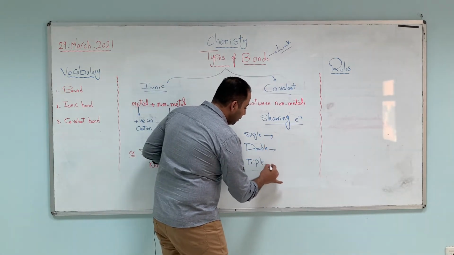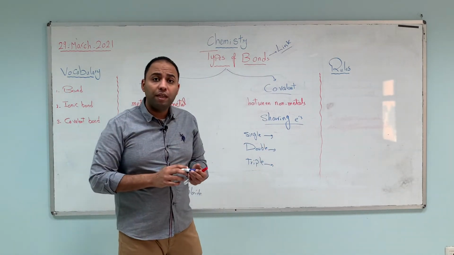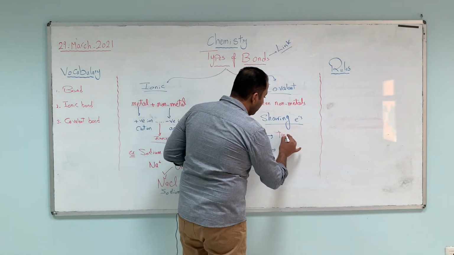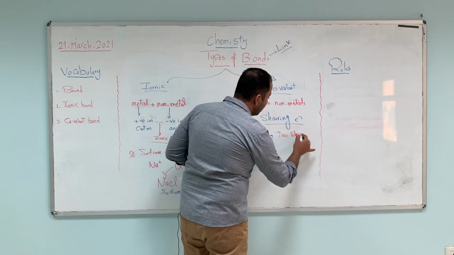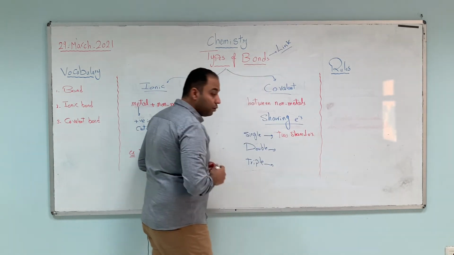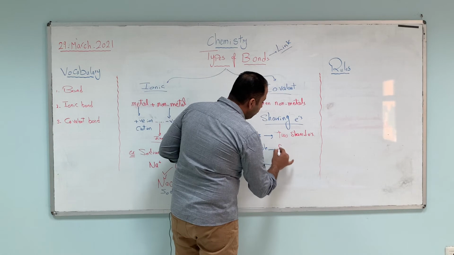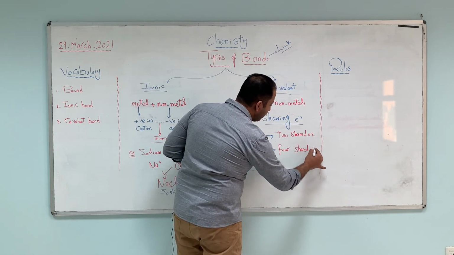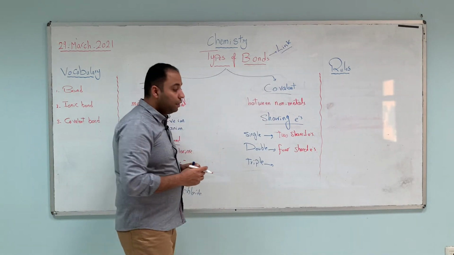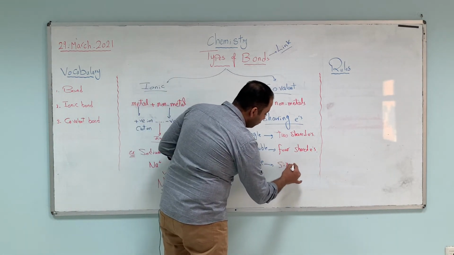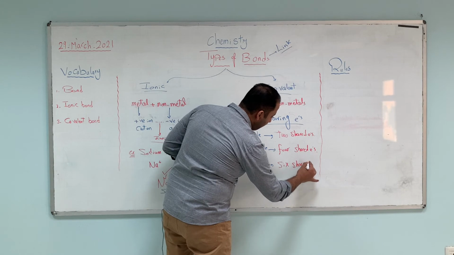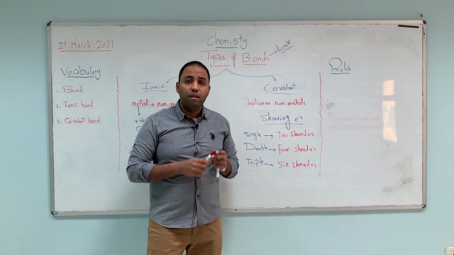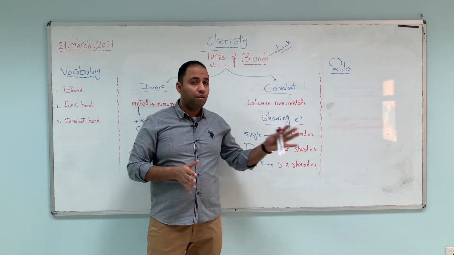What is the difference? The difference is the number of shared electrons. For single, two shared electrons. For double, four shared electrons. For triple, six shared electrons. These are the types of the covalent bond: single, double, triple.